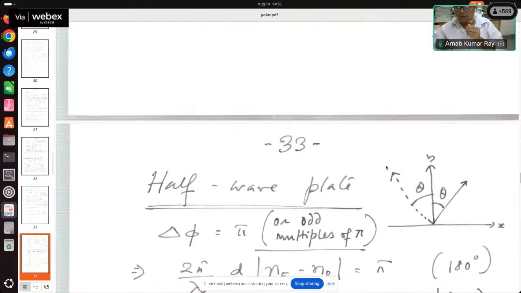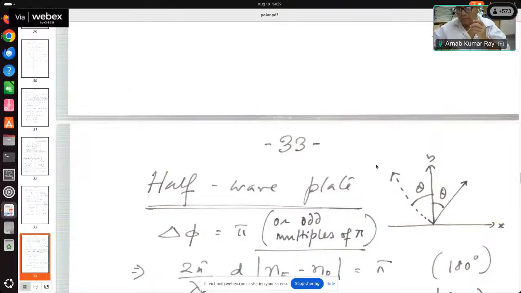Now, by the same argument, we discussed some time ago that if you have a phase angle difference of pi by 2, then there will be a rotational behavior. The tip of the electric field vector will start sweeping out either an elliptical locus or a circular locus.